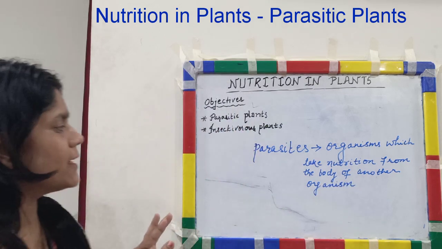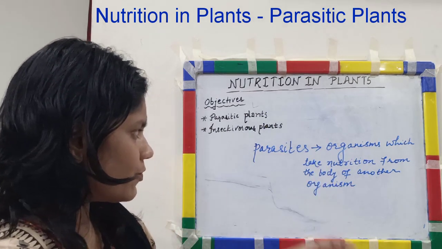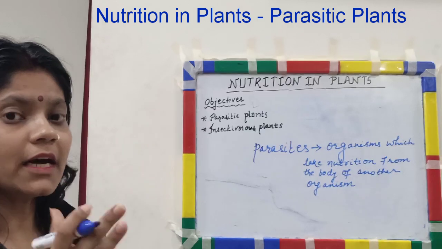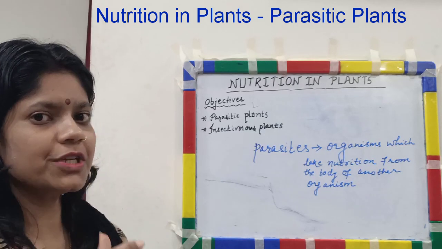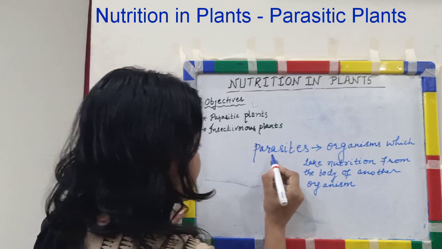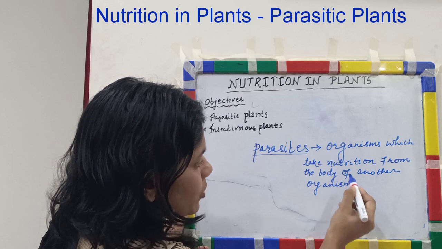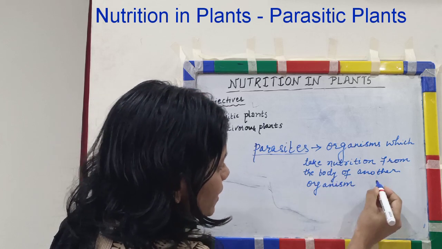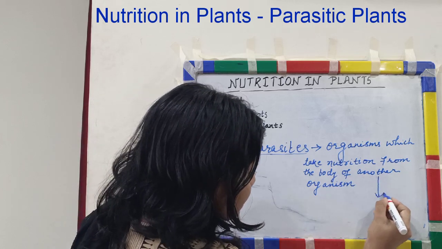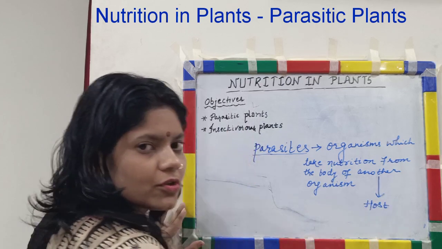You may see here there are two organisms involved. One is the organism which derives the nutrition and the other is the organism from which the nutrition is derived. So what is the other organism known as? Parasites are the organisms which take nutrition from the body of another organism. The other organism is called the host.